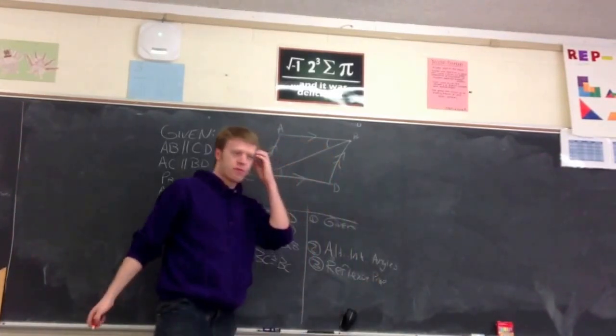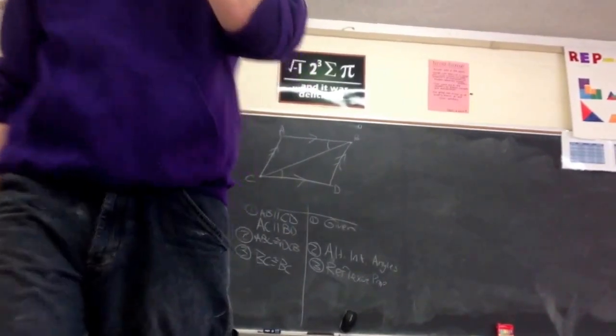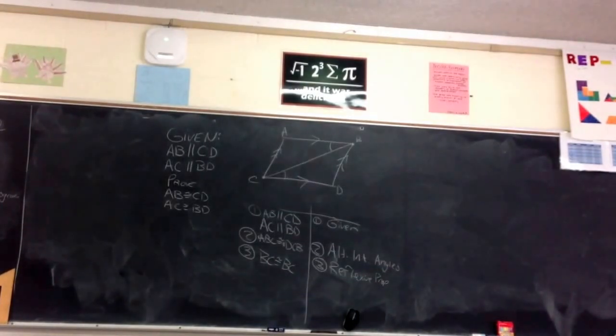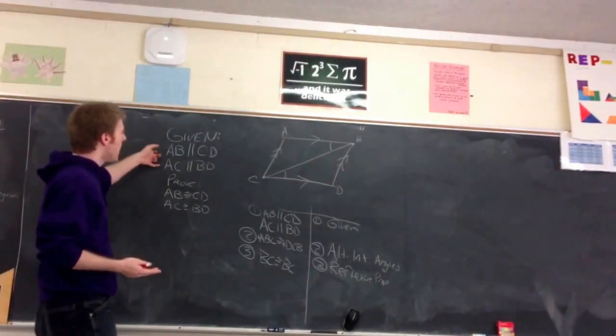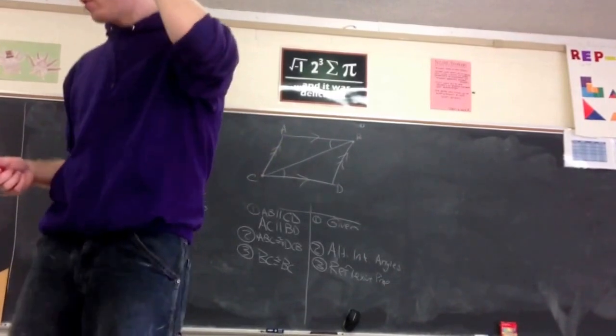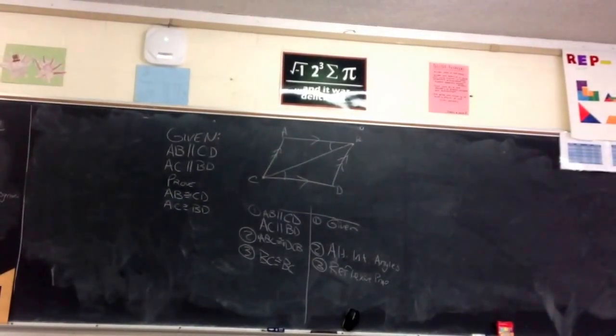Again, I hope that, at least for the kids who have had me for three quarters of a year, I've trained you well enough so that when you see you've been given parallel lines, you automatically think, what set of angles are going to be congruent? Are there going to be corresponding angles that are congruent?